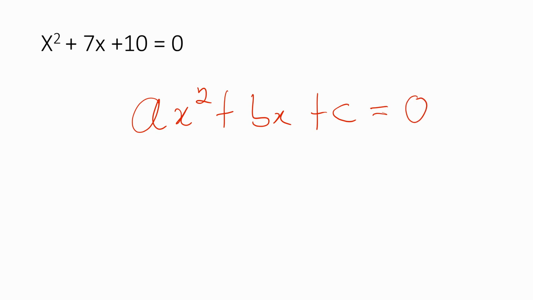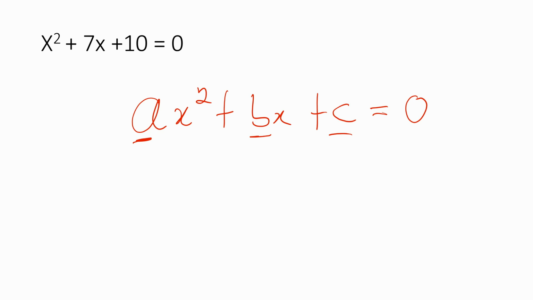Right? So it has to be such that there's an x squared, an x, and then the whole number set to 0. Right? So the a, b, and c represent the coefficients which you'd be using to work out.